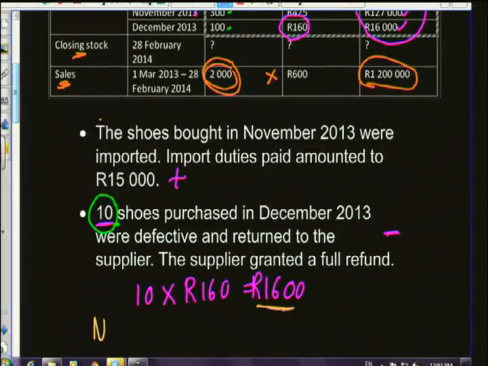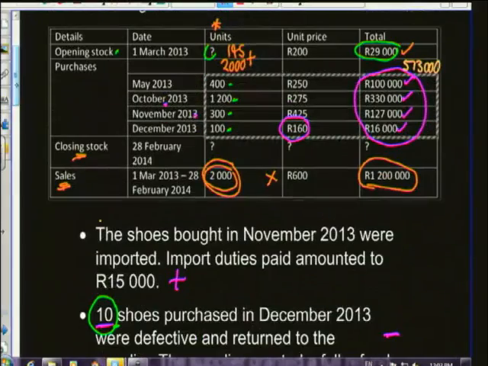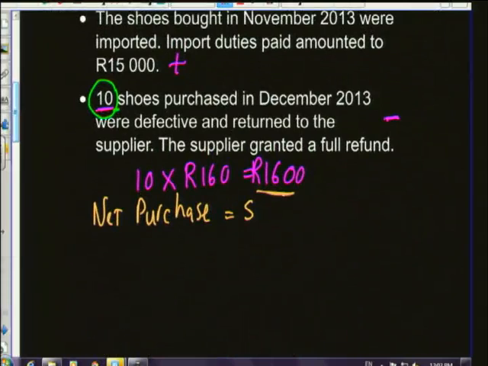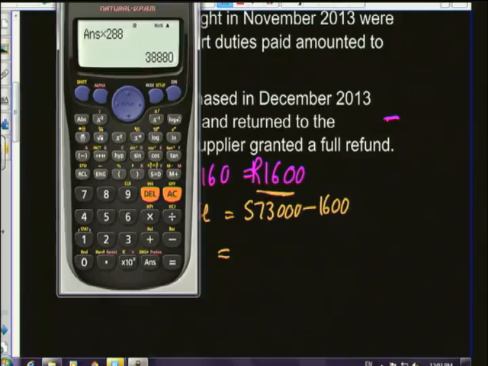So when we're calculating net purchases, let's write this down for you. We are taking our total purchases, which is an amount of 573,000, and we are subtracting the returns of 1,600, and that gives us our net purchases that we close off to our trading account. So let's do just that.